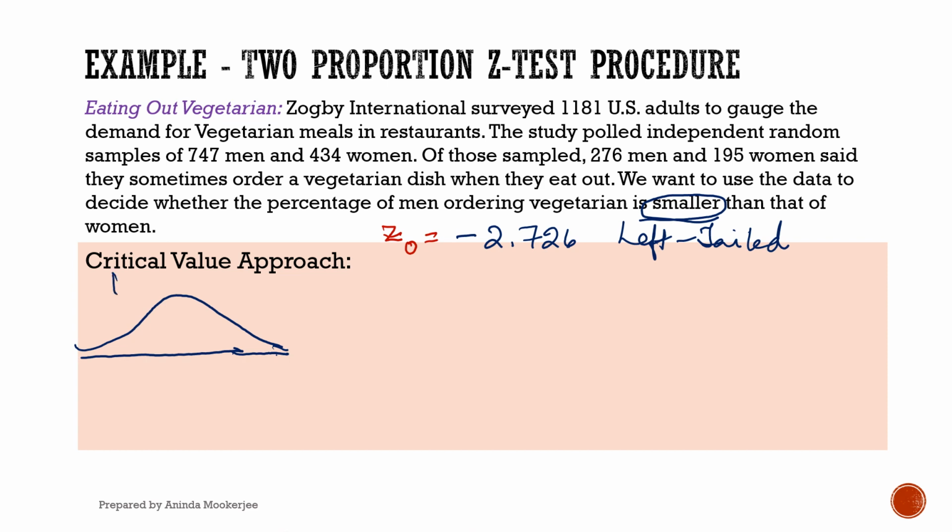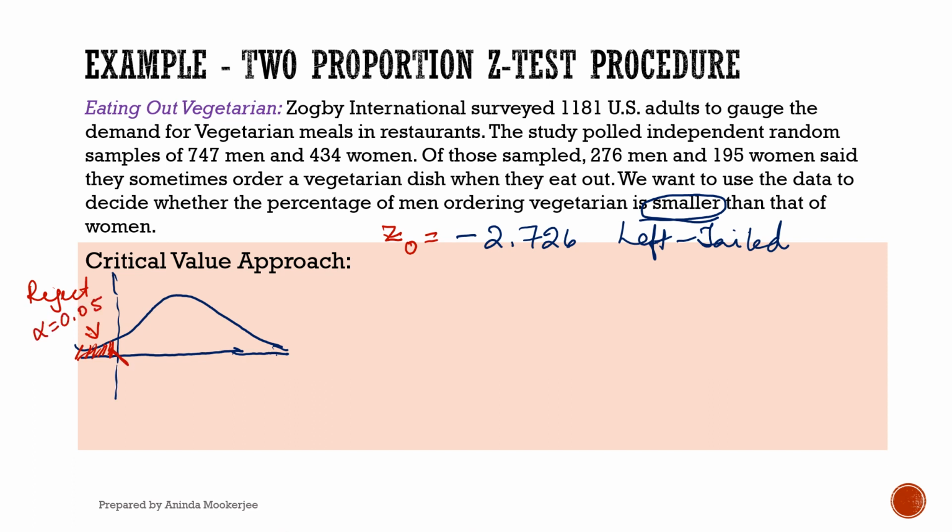So here is our curve, and this is going to be the reject region, and this is going to be all our alpha value, and we are performing it at the 5% significance level. Let's just use the 5% significance level for the heck of it. So this is going to be alpha equals 0.05.